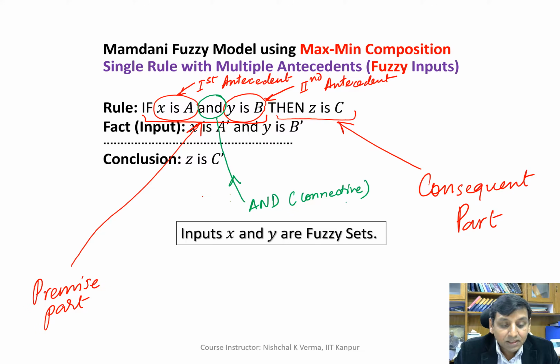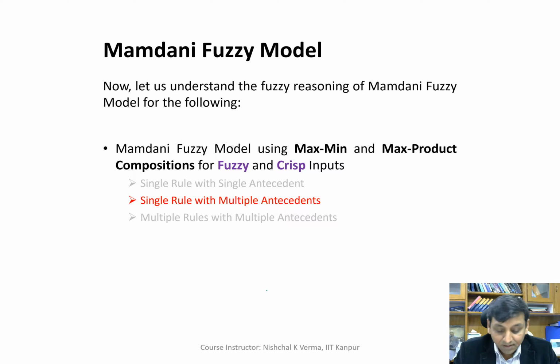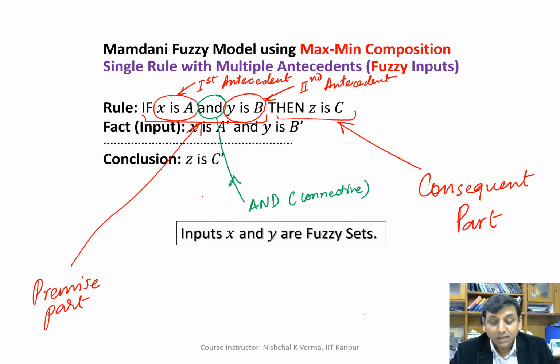Now coming to the consequent part, we have z as the output and c is the fuzzy value. So the consequent part is fuzzy. This rule has the premise part fuzzy because a and b both are fuzzy, and the consequent part is also fuzzy because c is fuzzy. So the rule type here is that the premise part is fuzzy and the consequent part is also fuzzy.